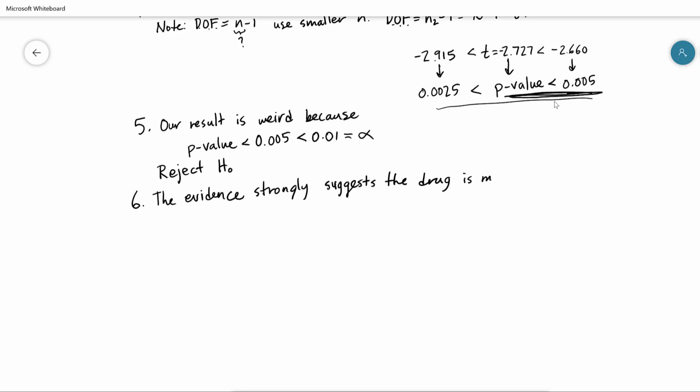Is in fact more effective than a placebo at lowering systolic blood pressure.